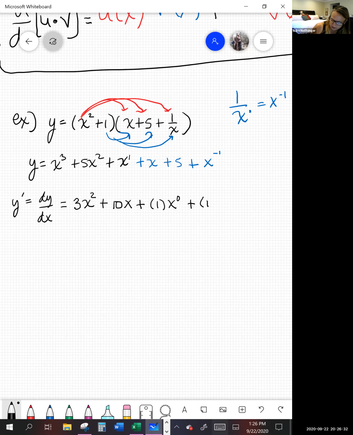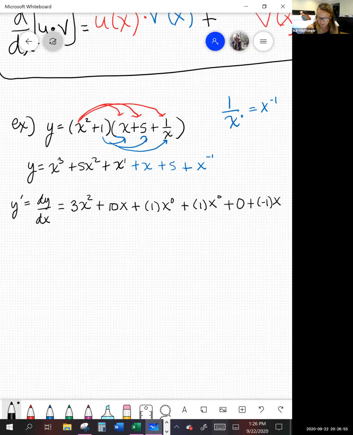I have 1, x to the 0. Derivative of a constant, we saw that rule yesterday, that's 0. And the derivative of our last piece, x to the negative 1. So we're going to bring our negative 1 exponent down, so plus negative 1 x, and we're subtracting 1 from negative 1, so that would give us negative 2.